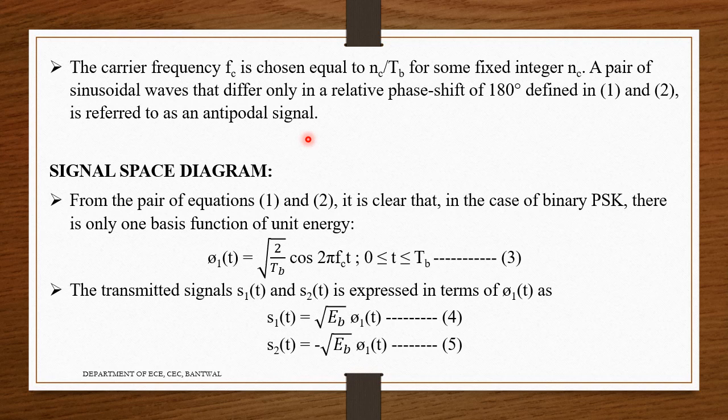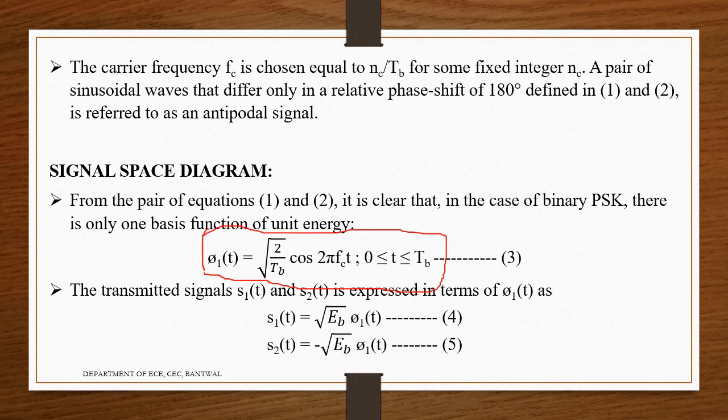This is all about the signal. Now the signal space diagram. How do we represent this signal space? From equations 1 and 2, for symbol 1 and 2, we can write phi 1 of t. As I said previously, removing the square root of EB, the rest will be this phi 1 of t.